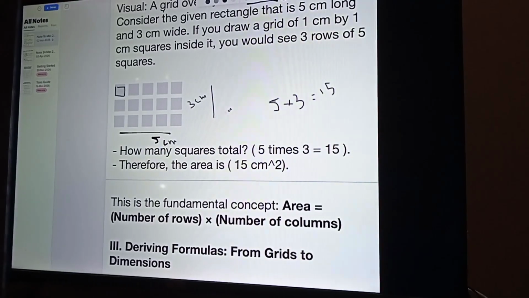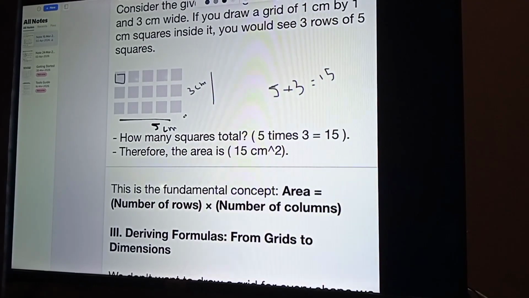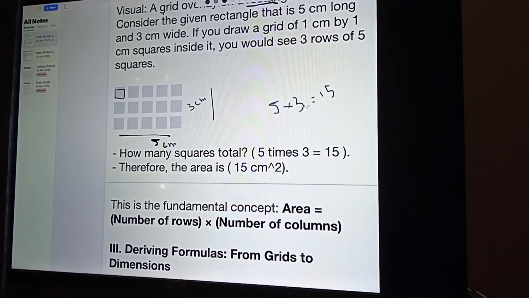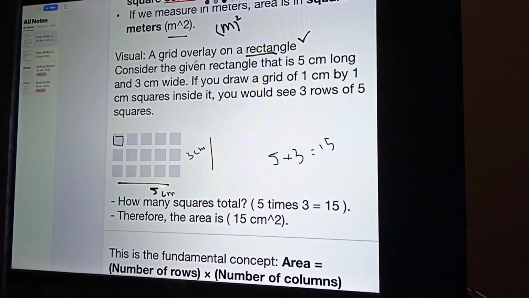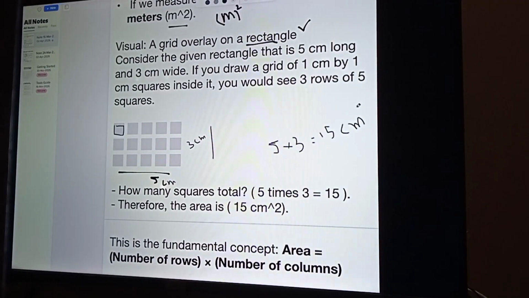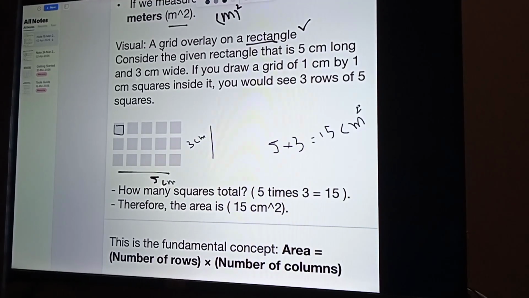So this is how we can calculate area by using a grid overlay. This is read as 15 square centimeter.